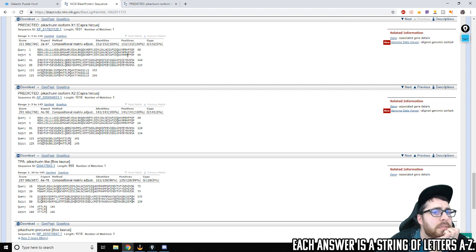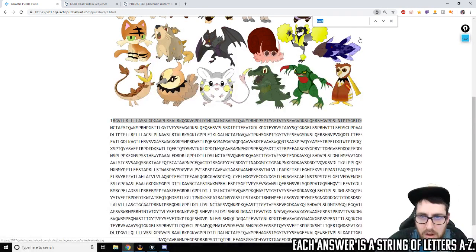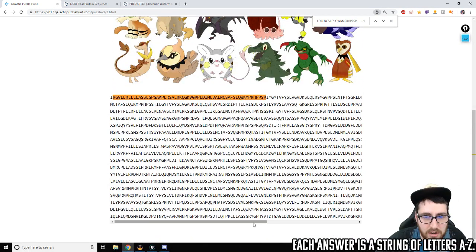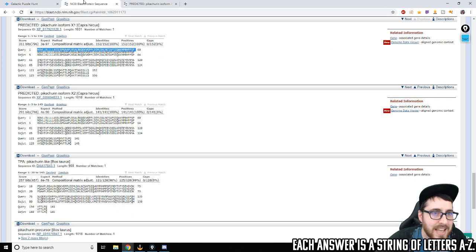So we have, oh my God, that is an amino acid. Look. That's an amino acid right there. That is the exact same line we have right here.